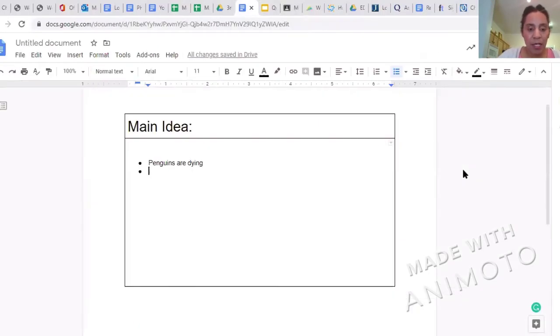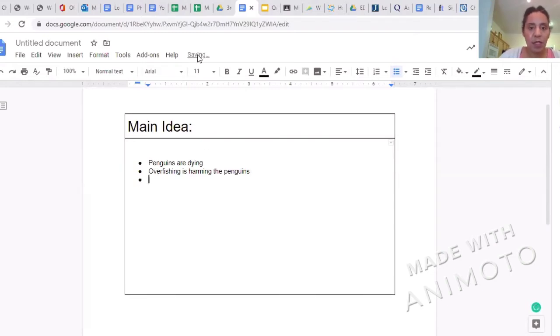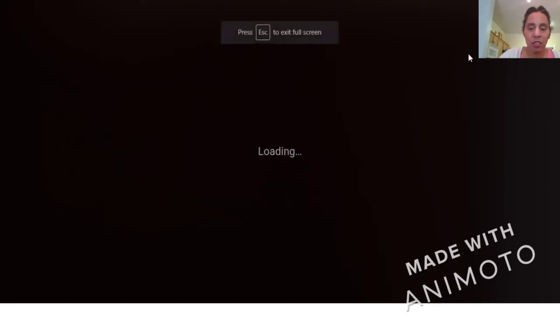I'm going to go back to boxes and bullets, and I'm going to type that in, that overfishing is part of the problem. So I'm just going to type in overfishing is harming the penguins. All right, let's go back to the passage.